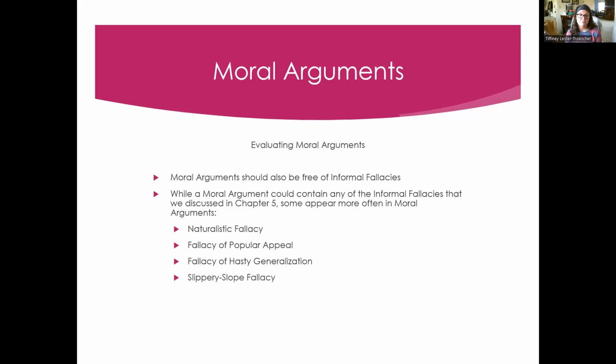Popular appeal, fallacy of popular appeal. That's going to show up a lot too. Hasty generalization and slippery slope fallacy. Those four show up in moral arguments all the time. So be aware of that, because when we have an informal fallacy, the argument is automatically weakened. Does that mean that the person is wrong?